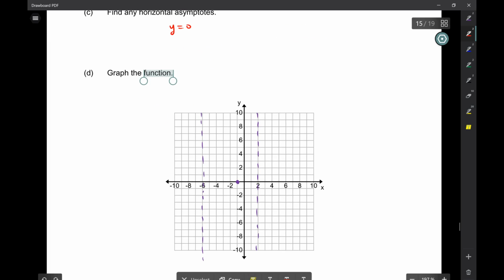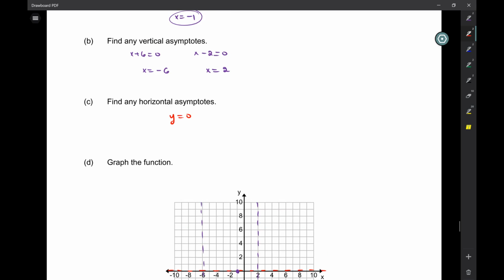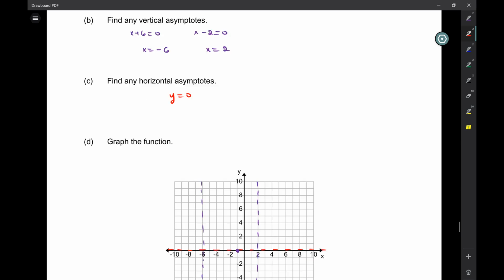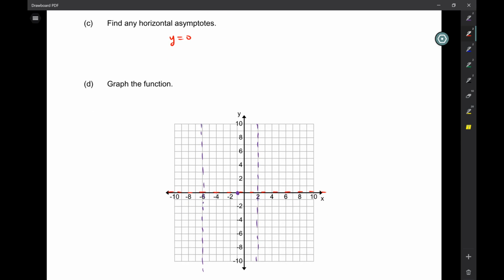Okay, so here y equals 0 right there. Right, when the denominator has a higher degree. That's the next case. There is no horizontal asymptote there.